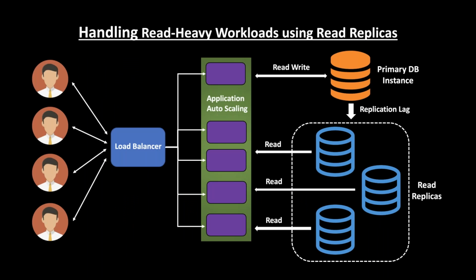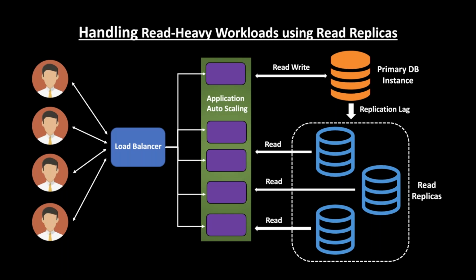So one way to improve a read heavy workload, if you are having a read heavy workload scenario, is to use read replicas in the cloud. From the application side, it is easy because you can spin up multiple instances of your application in the cloud by using auto scaling policies. But from the database side as well, you can create multiple read replicas, and a read replica is nothing but a copy of the database instance, right?